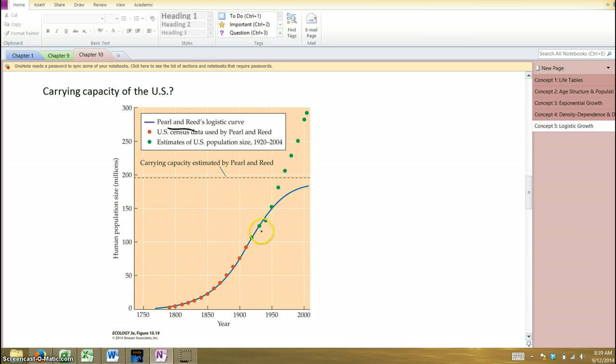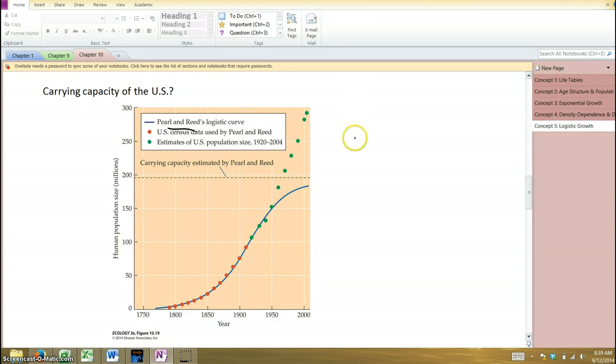Now you can see early on, up to about the 50s, their predicted line, the subsequent data, the green dots, fit up to the 1950s. But then what they predicted, when they predicted a leveling off, it actually just kept on increasing.